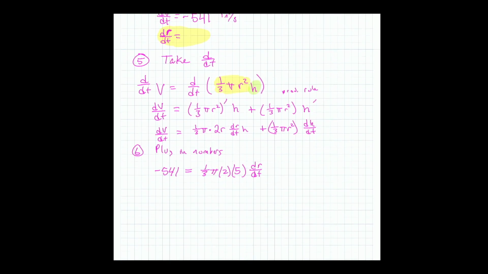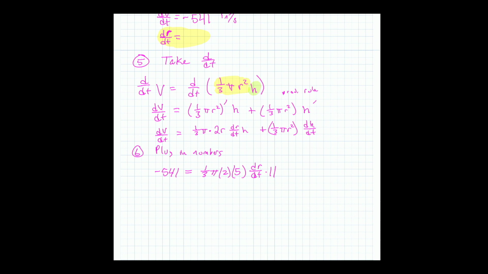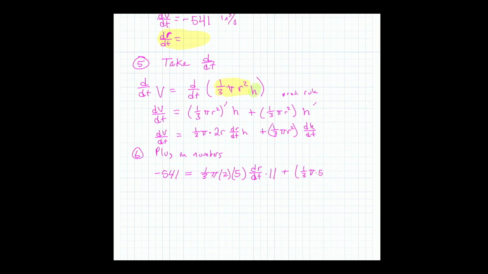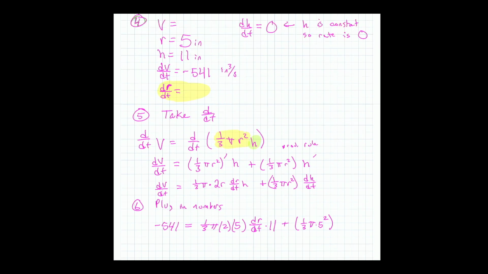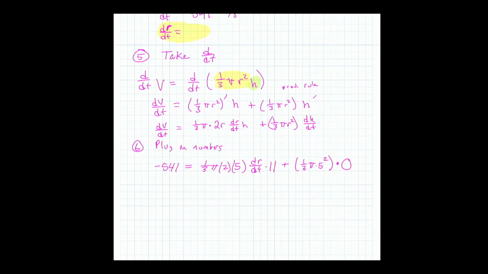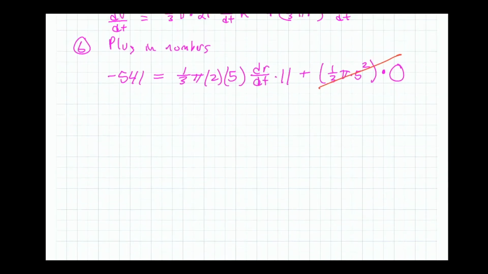What's h? 11. Plus 1/3 pi r squared, what's r? 5, squared. What's dh/dt? 0. So it turns out that because dh/dt is 0, that whole thing's going to go away.